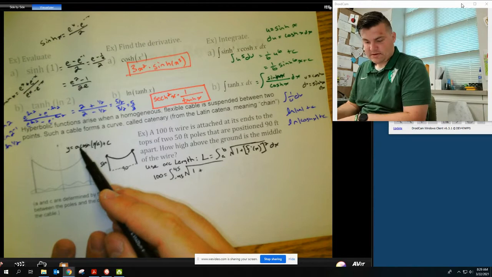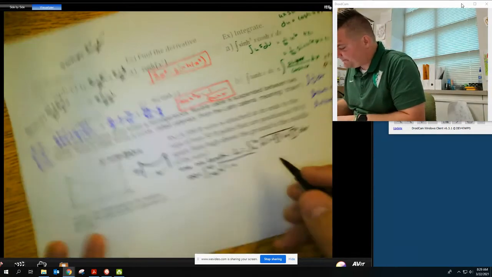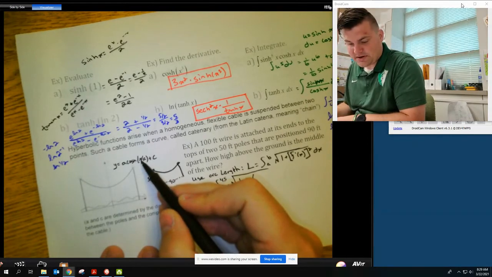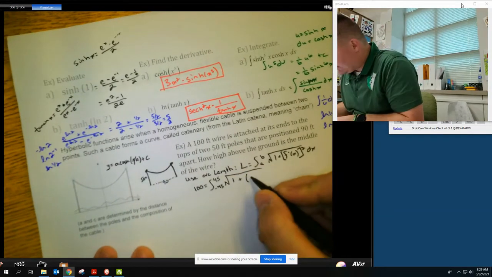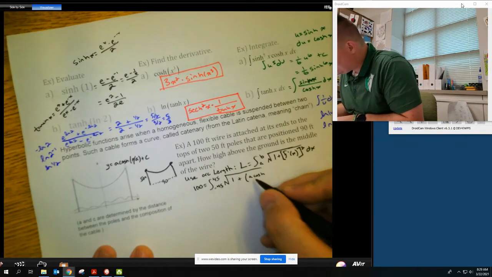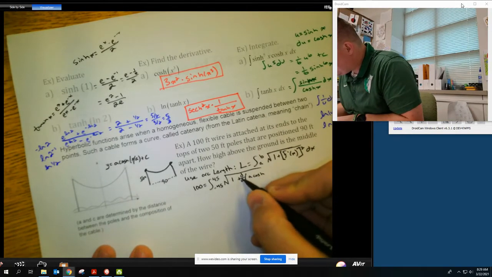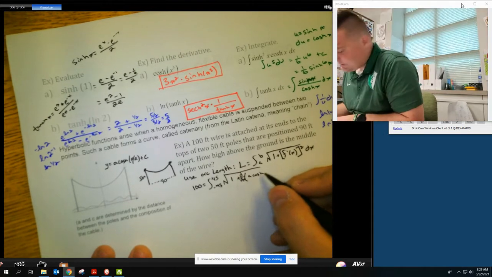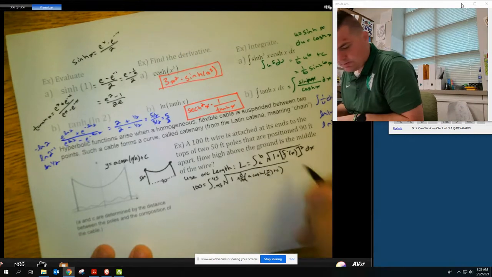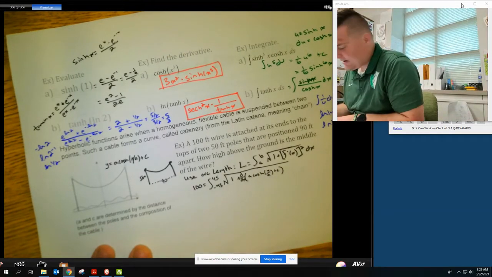Okay, so the derivative of this, by the way, got a little bit of chain rule right there, is going to be a sinh. You know what? I'll do it this way. I'll take the derivative. So we're going to do the derivative of that squared.